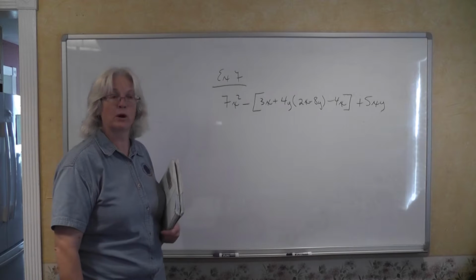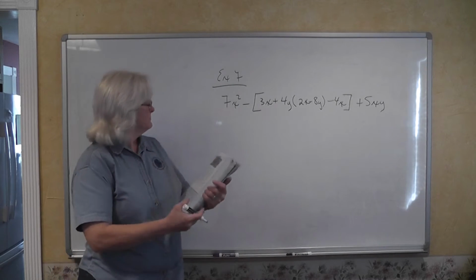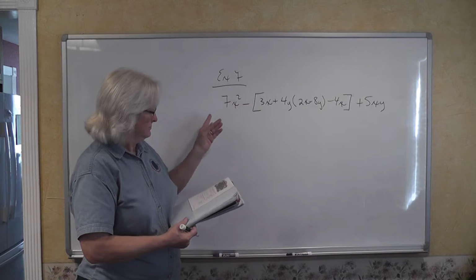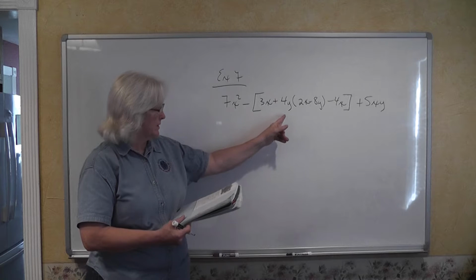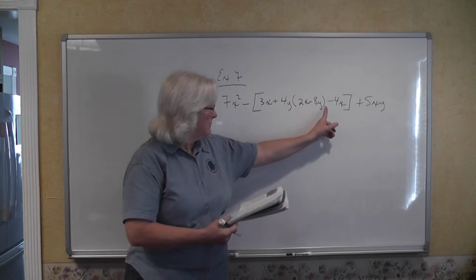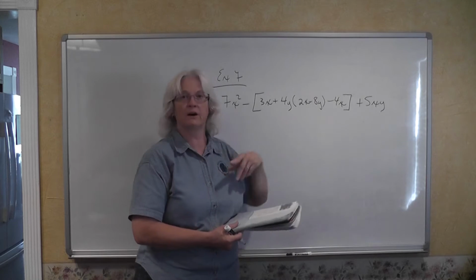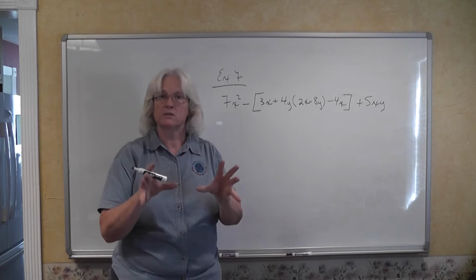Goodness, isn't that a long problem? Should we check it? Oh yeah. Let's see. 7x squared minus bracket 3x plus 4y times 2x minus 8y, close parenthesis, minus 4x, close bracket, plus 5xy. Now, our order of operations kicks in here.